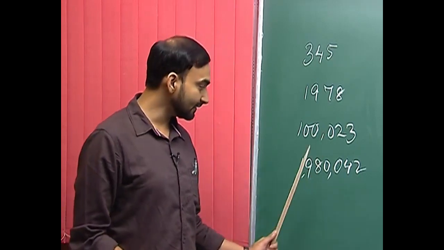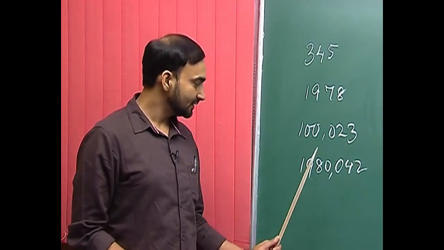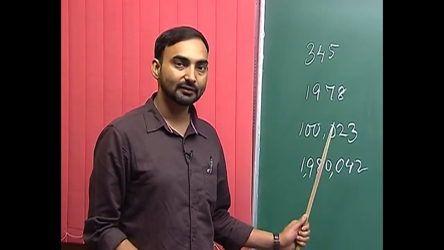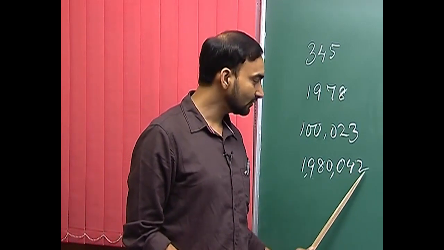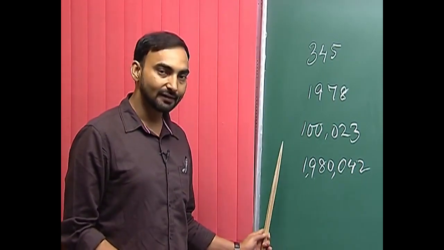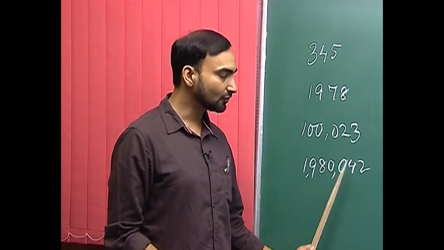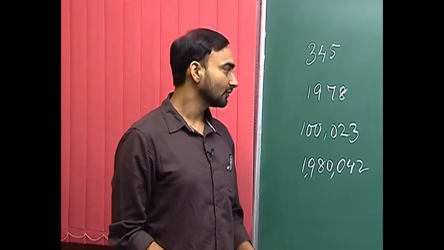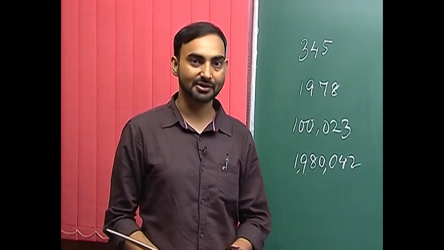Why? Because this 980 ends with a 0. 980, 1000, 40, 2. 1 million, 980, 1000, 42. So, this is how we say cardinal numbers in Russian.